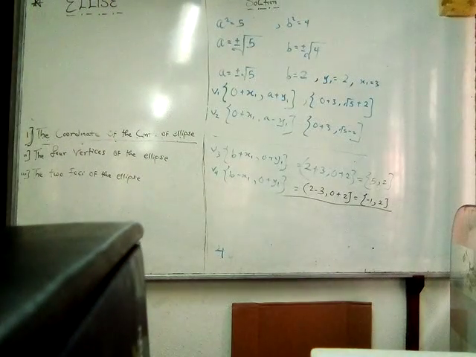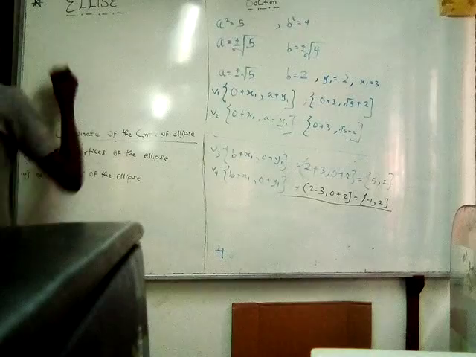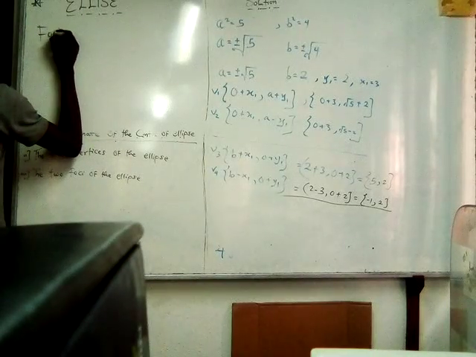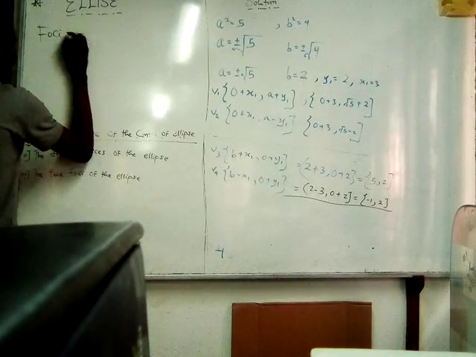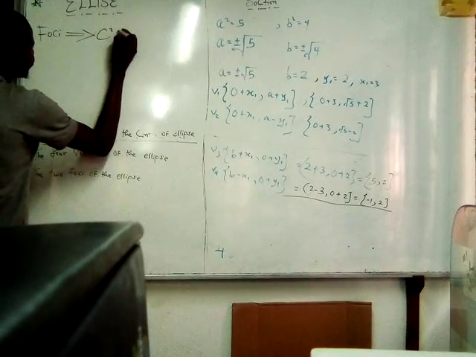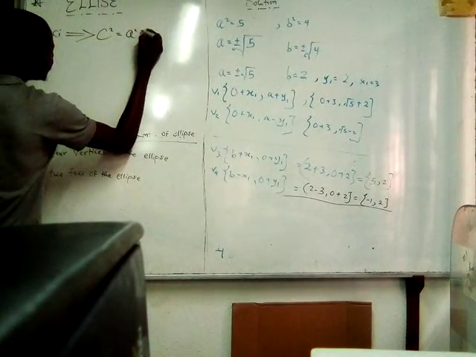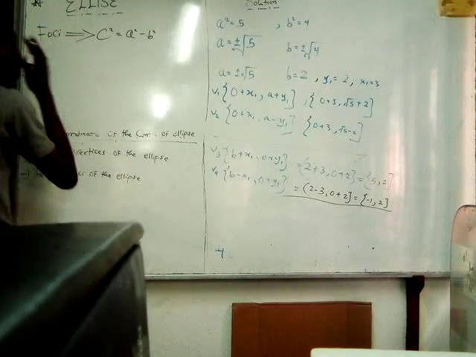The formula for this was c squared equals a squared minus b squared.